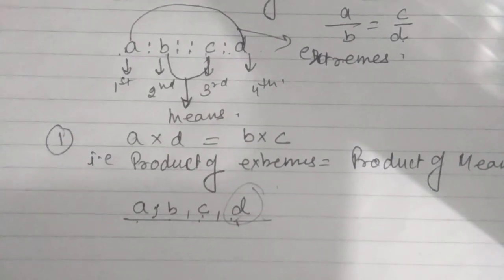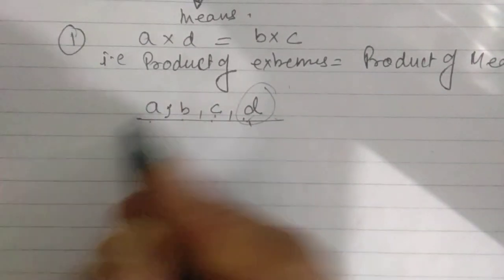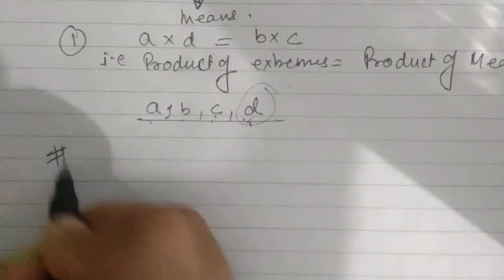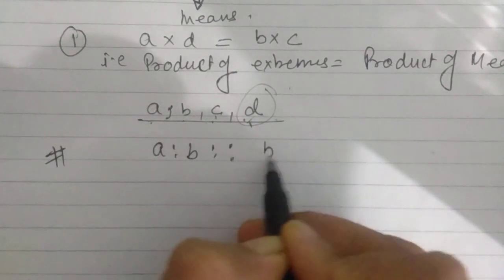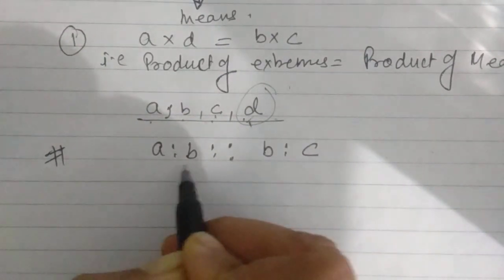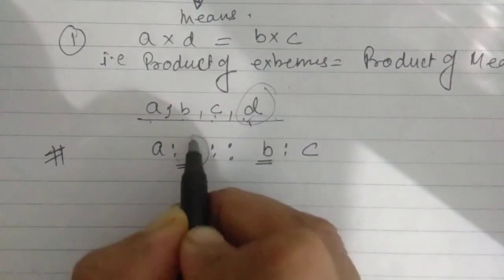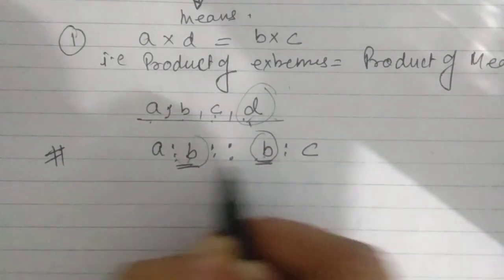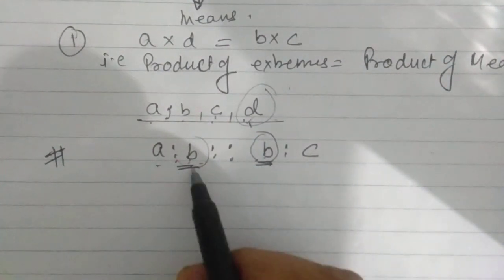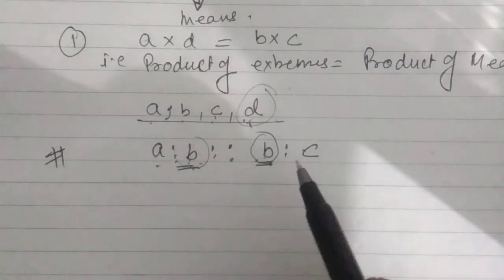Now another criterion for this. Say for example we have only 3 terms, and they are such that a ratio b is proportional to b ratio c. Here you can see, students, the mean terms are equal. This means the inside values are the same. So a ratio b is proportional to b ratio c.